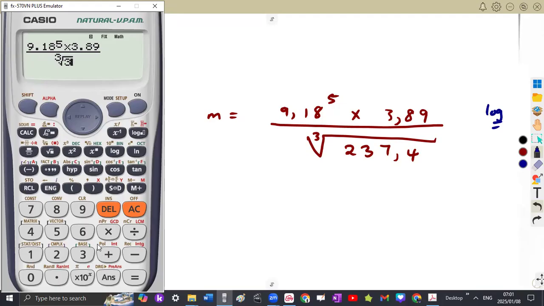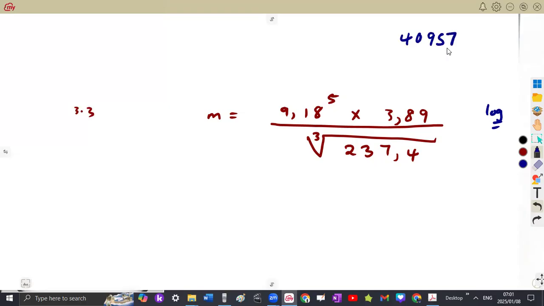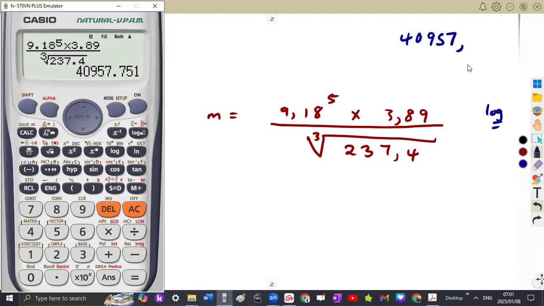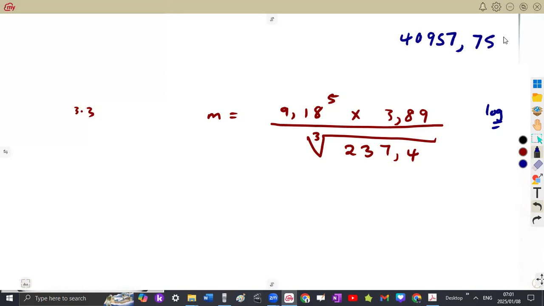All right, that's 237.4. So you're going to have an approximation of 40,957,751, something like this.